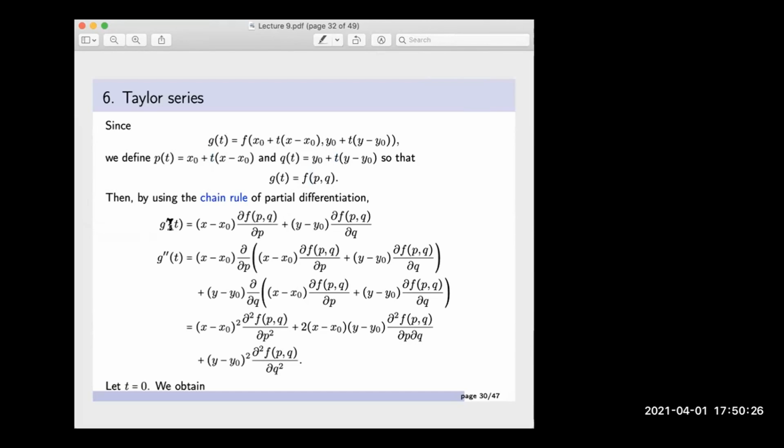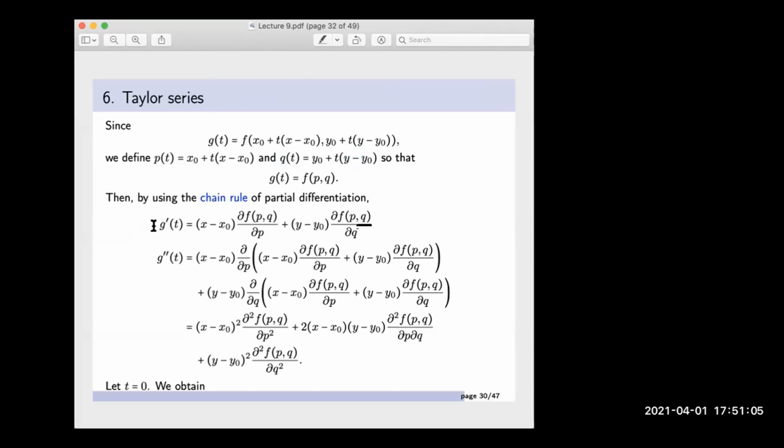If you take a derivative in t, by using chain rule, you should take a partial derivative in p, then times partial derivative of p. Well, if you take derivative of p in t, you simply get this coefficient x minus x0 here. And according to chain rule, you still need to take partial derivative in q times partial derivative of q. Partial derivative of q is this y minus y0.